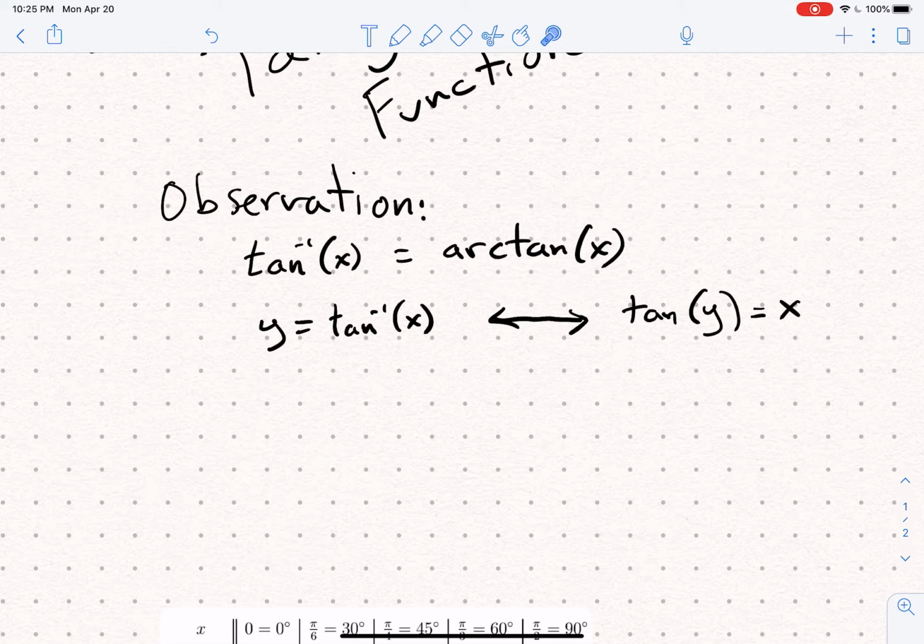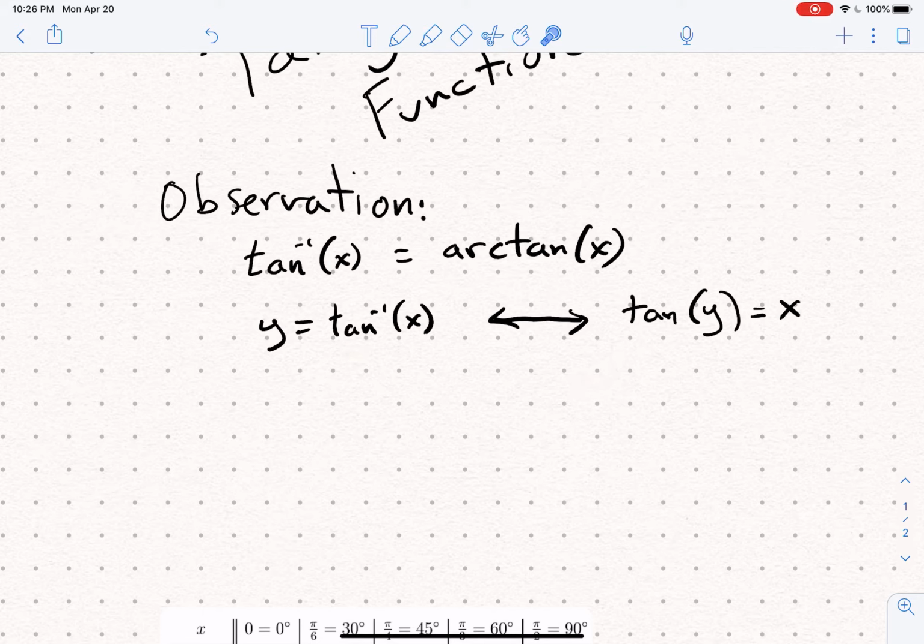So when you write inverse tangent of a number, what you're asking for is what angle do I put into the tangent function to get that x out. So this is just a reflection of the fact that this is the inverse function. Inverse functions always switch the inputs and outputs from the original function.